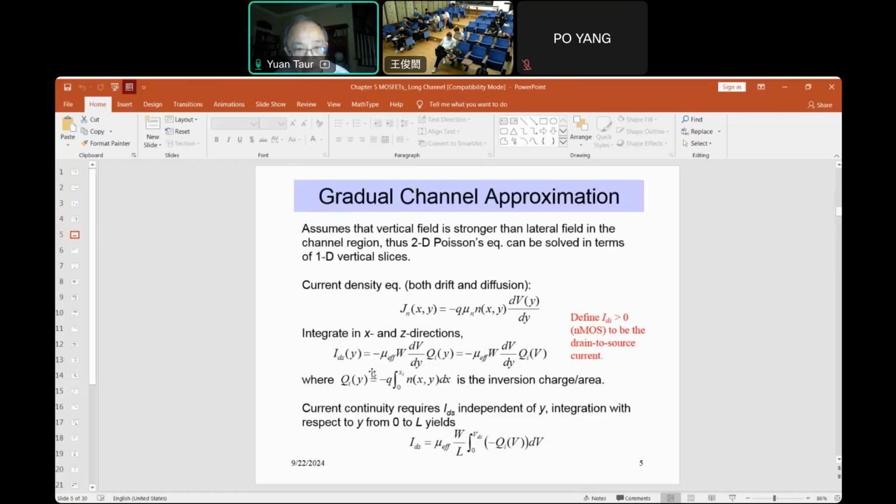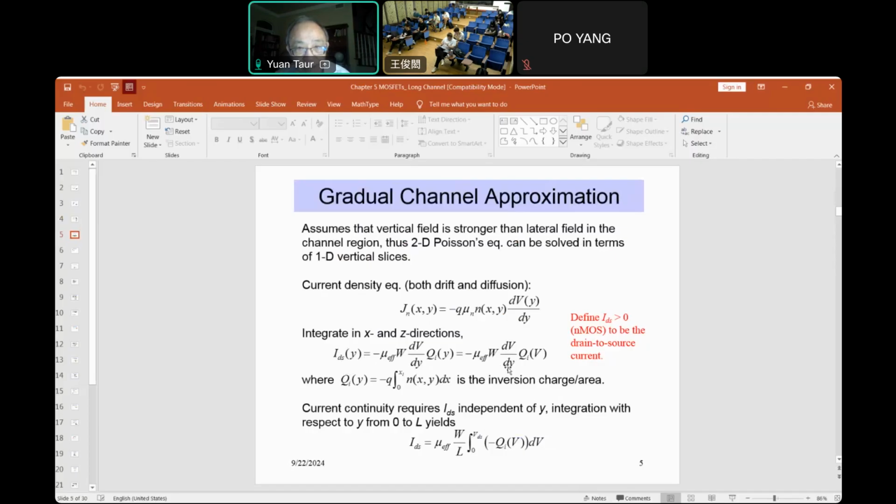The left side is easy because IDS has to be continuous. The source drain current cannot be y dependent. Whatever current is going out of the source has to be the same as the current flowing into the drain. So IDS is a constant.